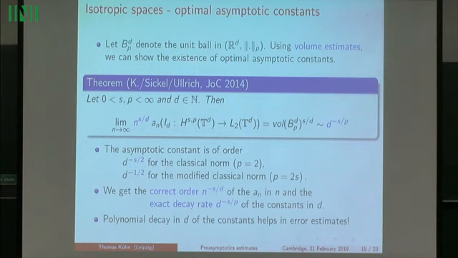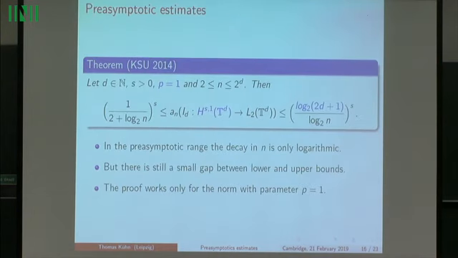So for the classical norm, this is d to the minus s over 2, and for the modified norm, d to the minus 1/2. And here you see already a certain influence of the different norms, which is in this parameter p. And we get, of course, the correct order n to the minus s over d of the approximation numbers and the exact decay rate of the constants. And this is a polynomial decay which might help in error estimates.